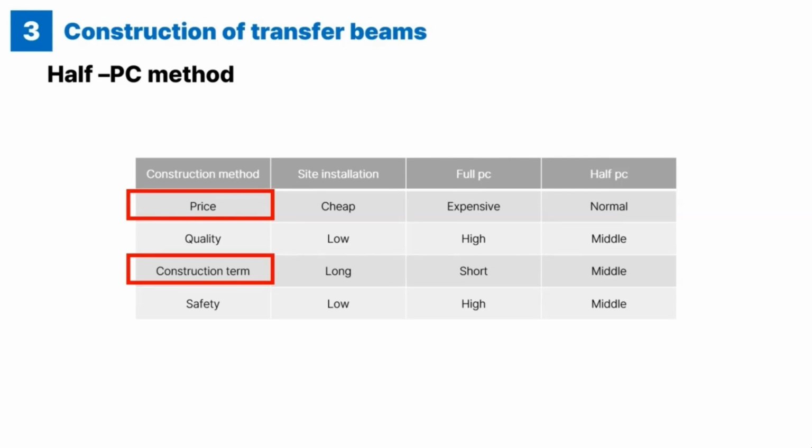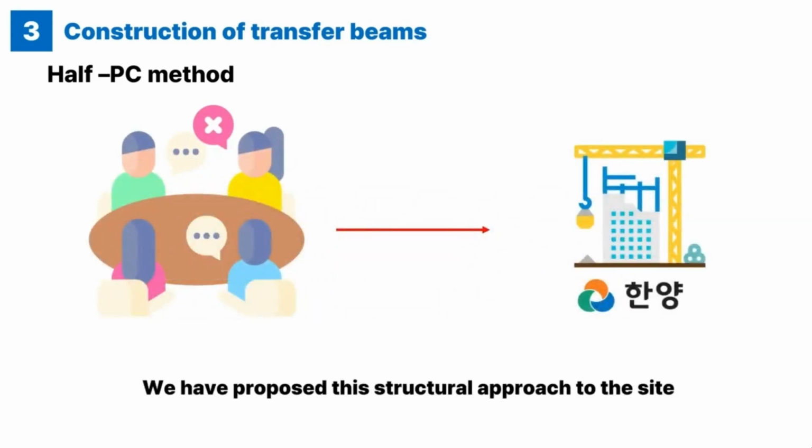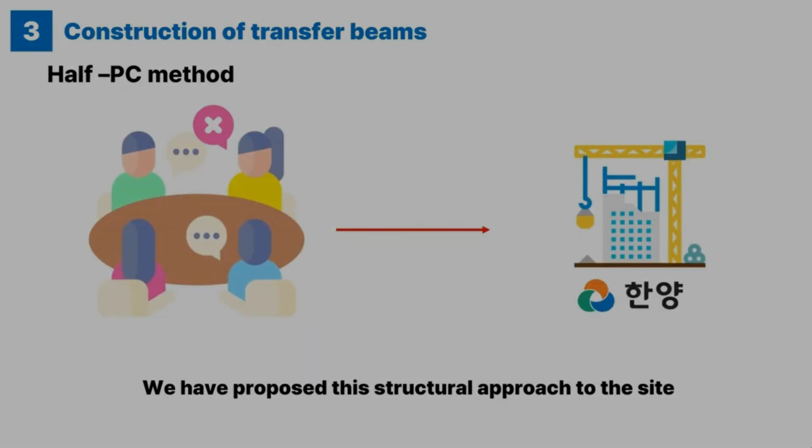The half PC method, which can compensate for the disadvantages of the concrete site installation method and the full PC method, was found to be the best way, and we proposed this to the site.